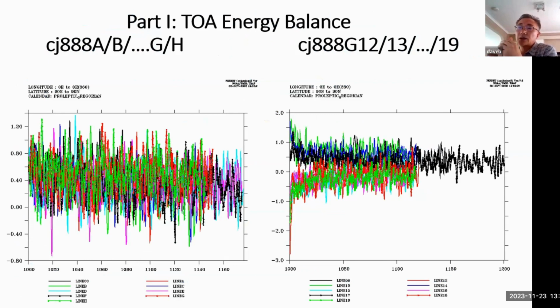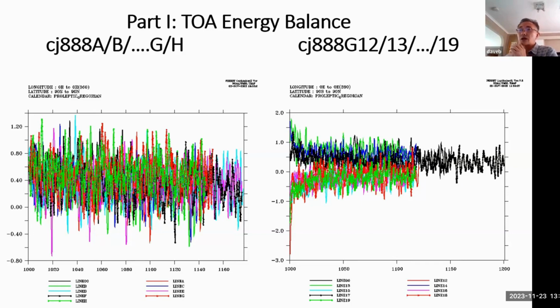The TOA energy imbalance is about 0.5 watts per square meter, which is not good compared to other models. Also compared to ESM1.5, our CM2 model, ACCESS-CM1.0, 1.3, those models got less than 0.1 watts per square meter. The 0.5 is way too big.